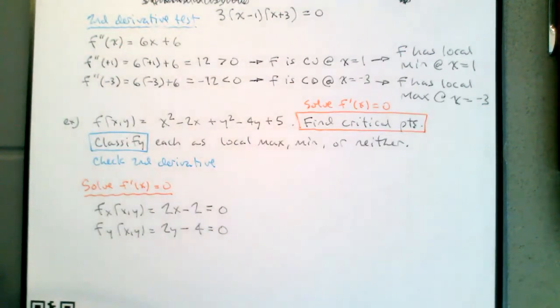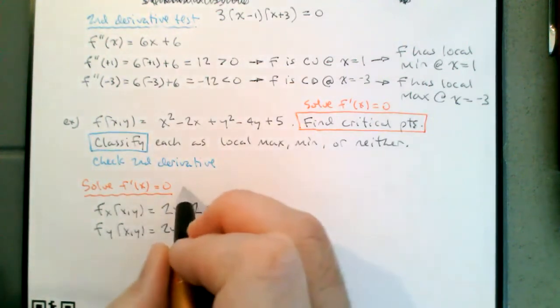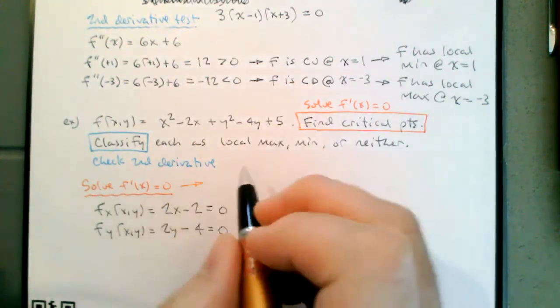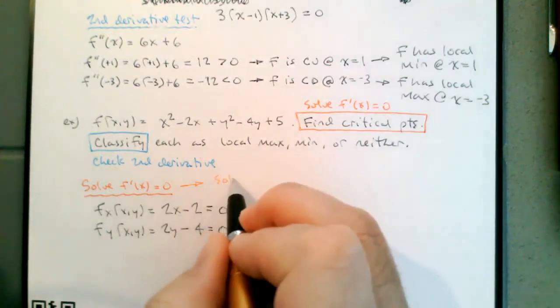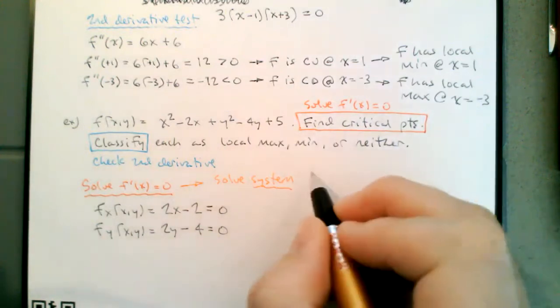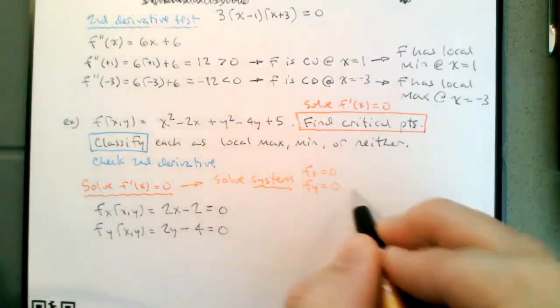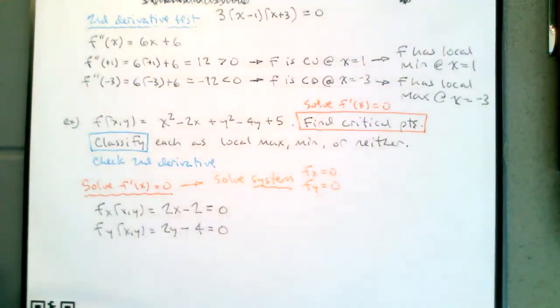We're looking at a system of two equations. So upgrading f prime x equals 0, we're going to upgrade this to solve the system fx equals 0 and fy equals 0. Two equations and possibly two unknowns.